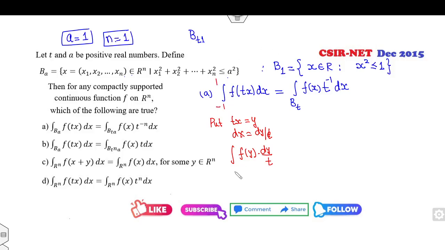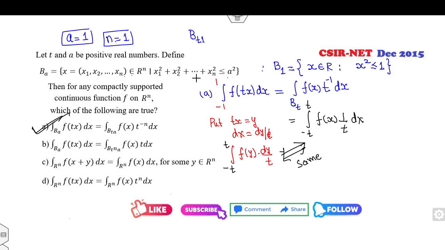So if x is minus 1, it's minus t to plus t. And if you look at this case, what is B of t? Minus t to plus t, f of x, t raised to power minus 1 into dx. Clearly, both are same. So yes, this option is the correct option.